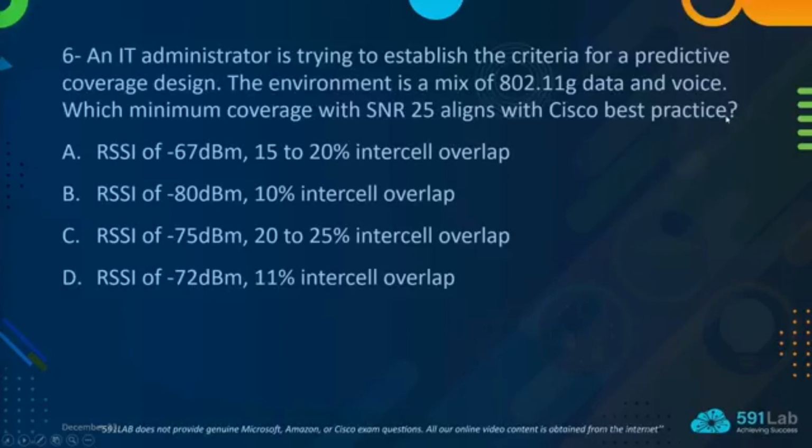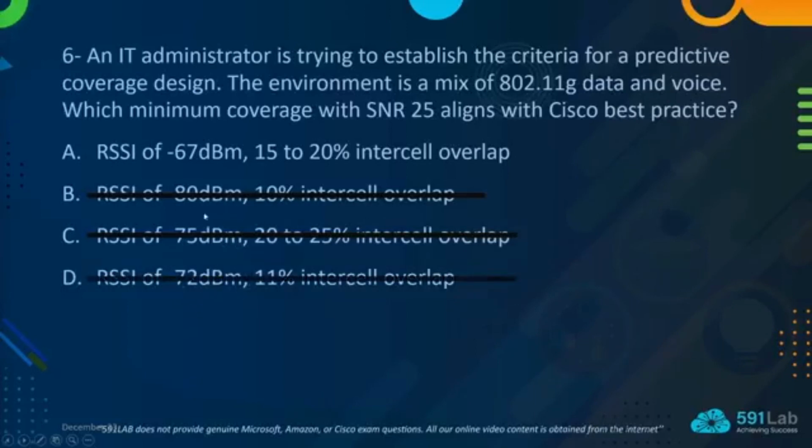So forget about Cisco best practices. Let's say that we do not know what Cisco best practices are, but since we're talking about voice, of course, I'm going to eliminate anything that has a very low or very bad RSSI. So definitely I'm going to eliminate RSSI of -80. Basically, this is a very bad RSSI to connect to. We also have the -75, okay, and also -72.